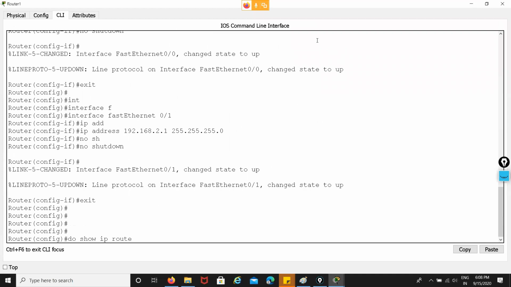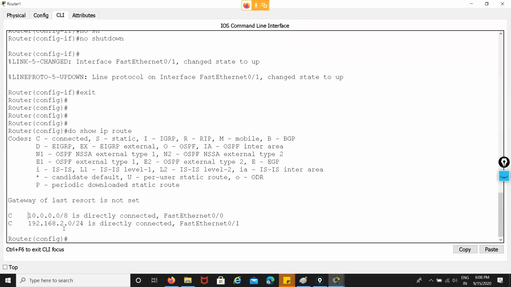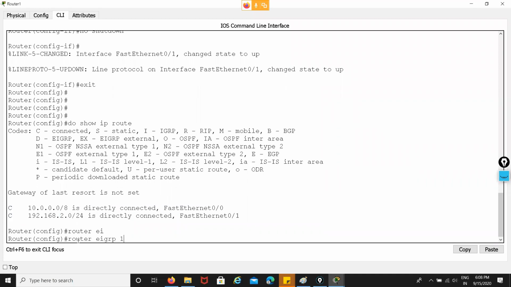First check this routing table. You can see it also has two network information. Activate the router, and here you can see there is some specific criteria that we should definitely follow if I want to create the neighborship by using EIGRP. The main important thing is that the autonomous number on both routers should be the same.